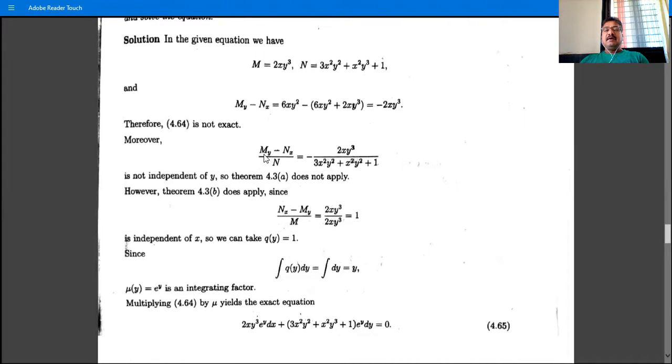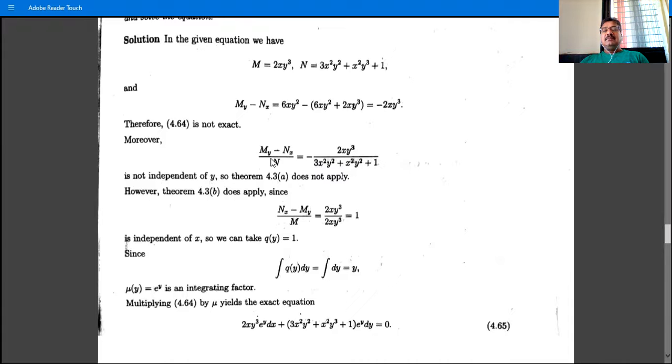Here, if you find M_y minus N_x, and divide by N, then we have this answer. This is not a function of x purely; it is not a function of x alone, and it is not independent of y. It is a function of mixed type, x as well as y.